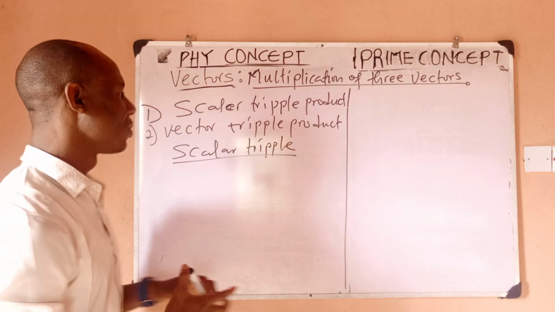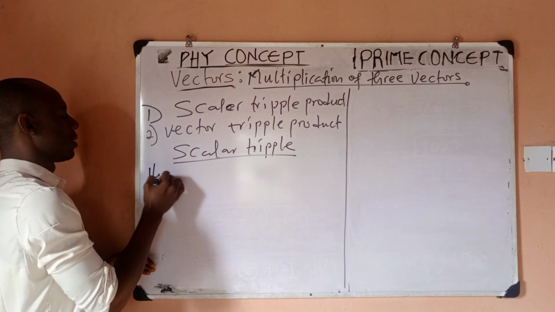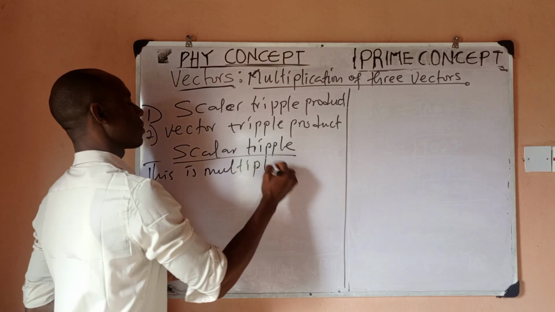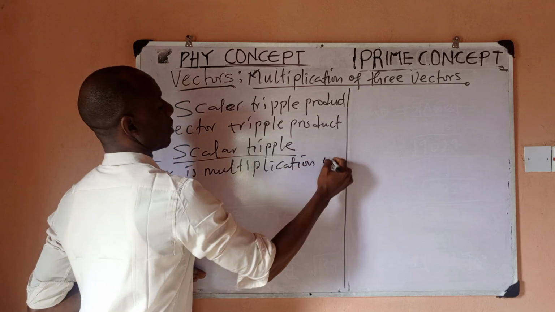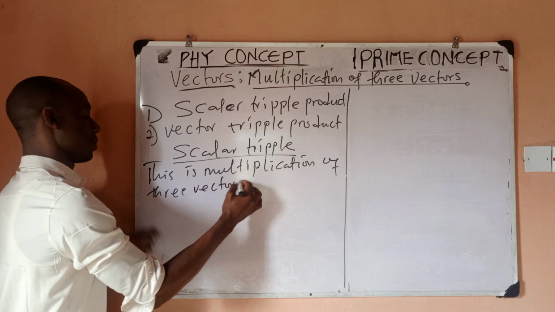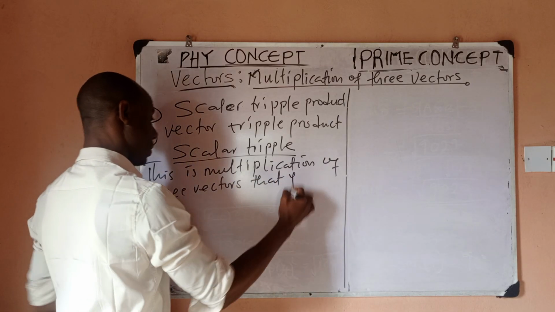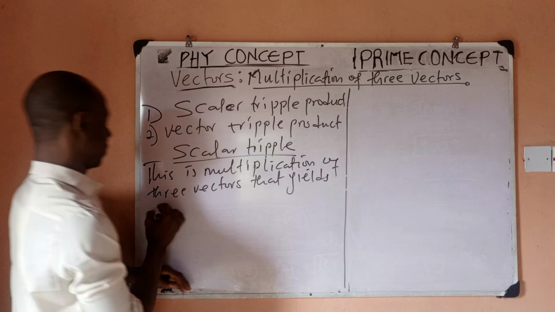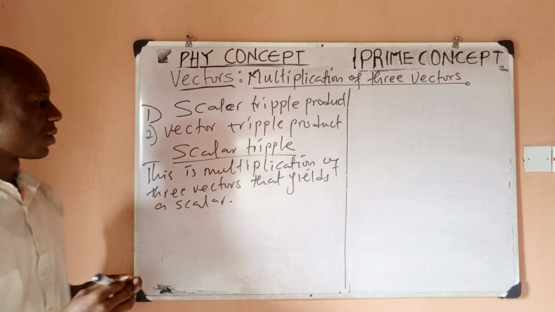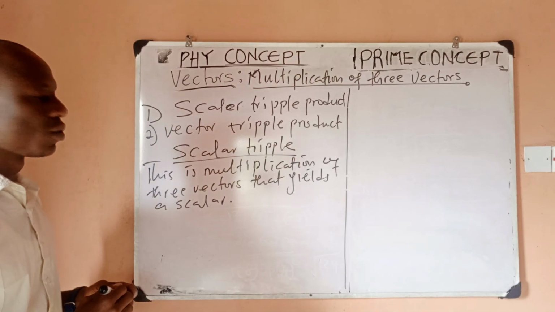So scalar triple is the multiplication of three vectors that yields a scalar. So this is actually the scalar triple product.